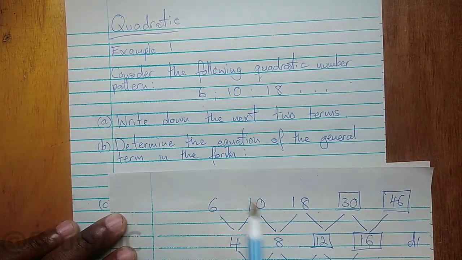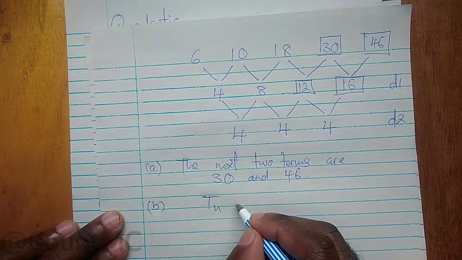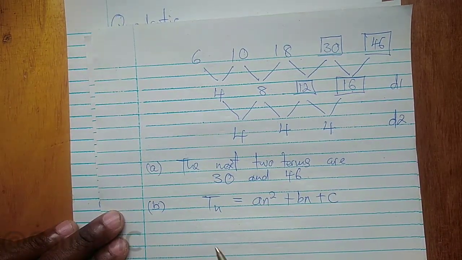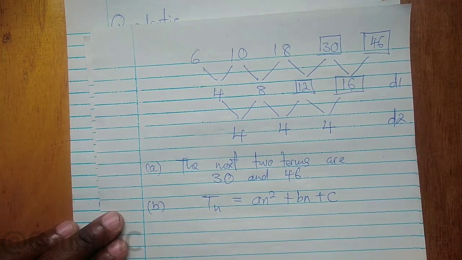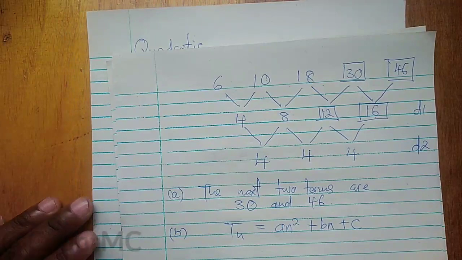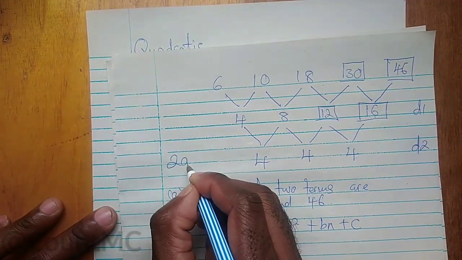Determine the equation of the general term. For quadratic number patterns, we use this formula to determine the specific equation which we want. So you just need to find A, B, and C. This is how we do it. Come here, write 2A.